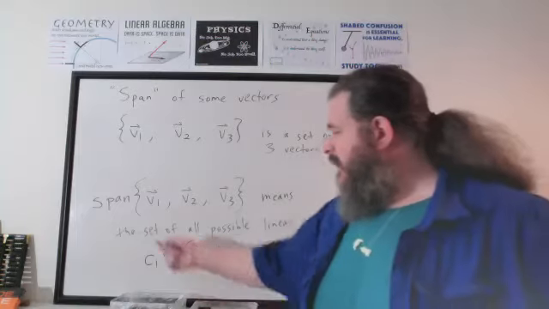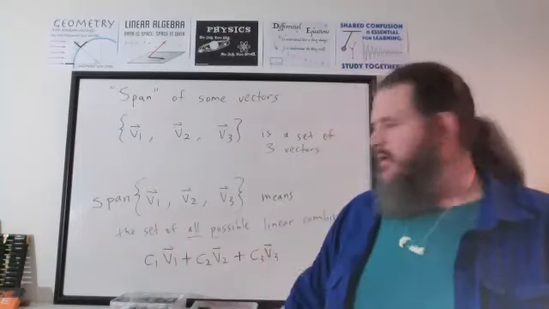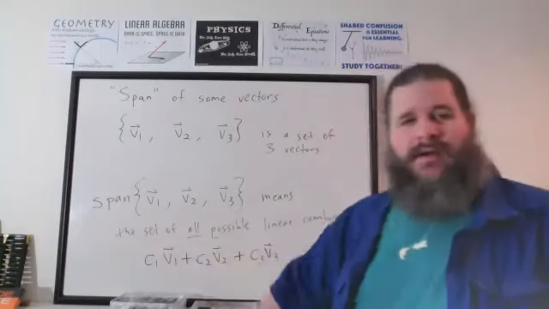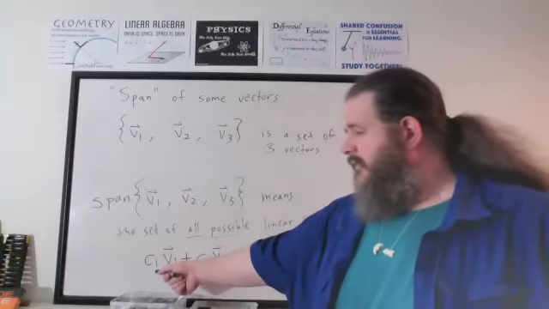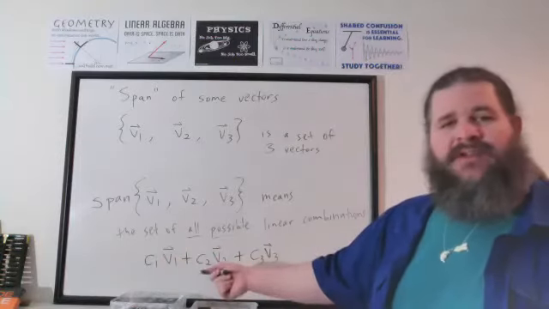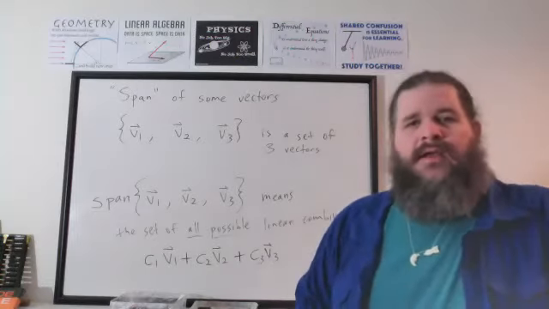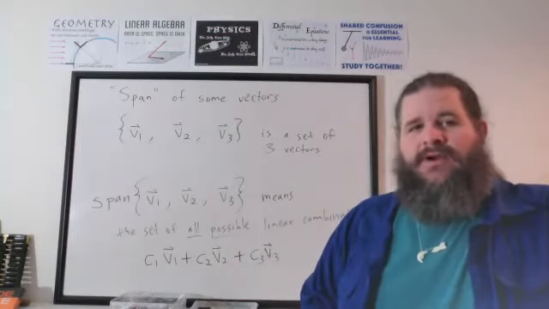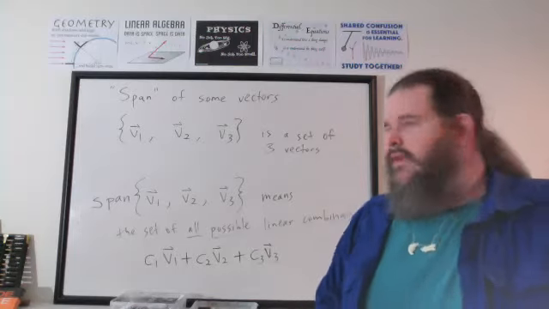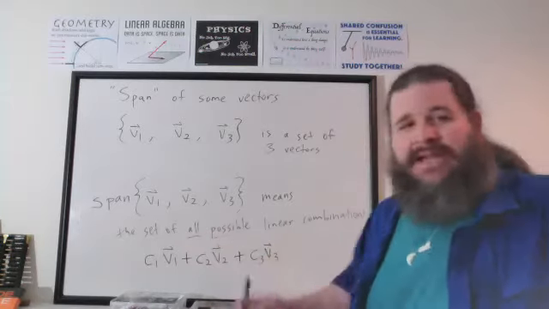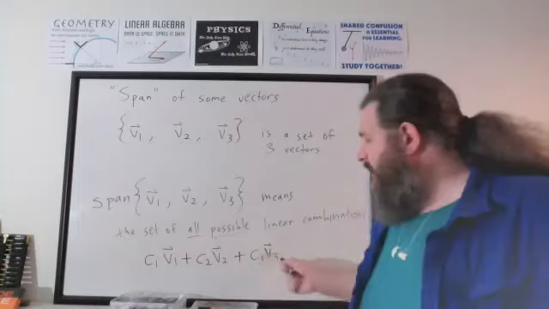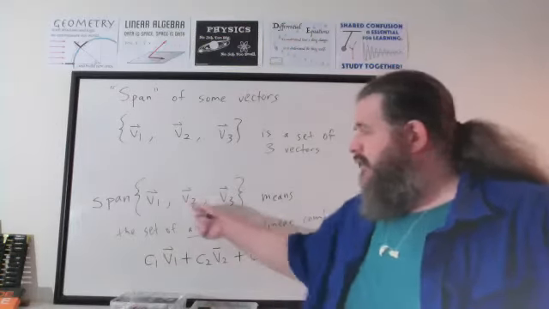You could have like 3.7 times V1 or square root of 2 times V1. So some scalar multiple of the first vector plus some scalar multiple of the second vector plus some scalar multiple of the third vector. That combines them to get a new vector in a different direction that's somewhere, some diagonal between these. And this is called a linear combination of those vectors.